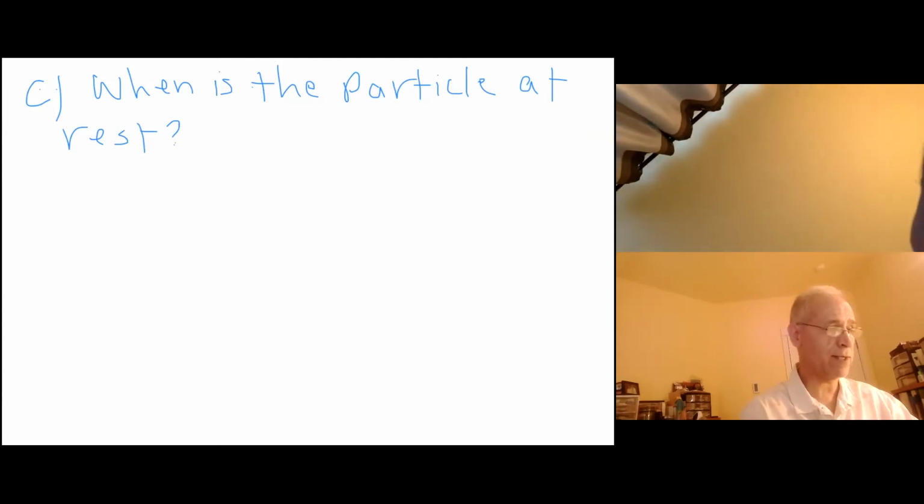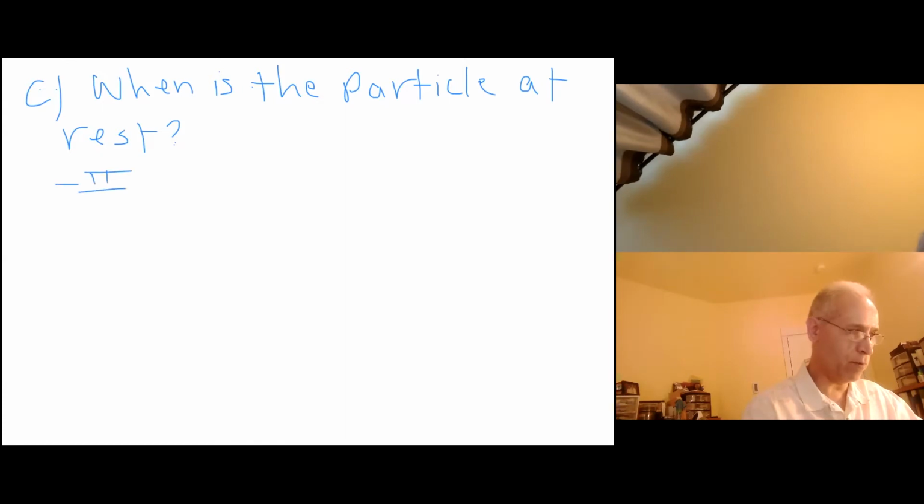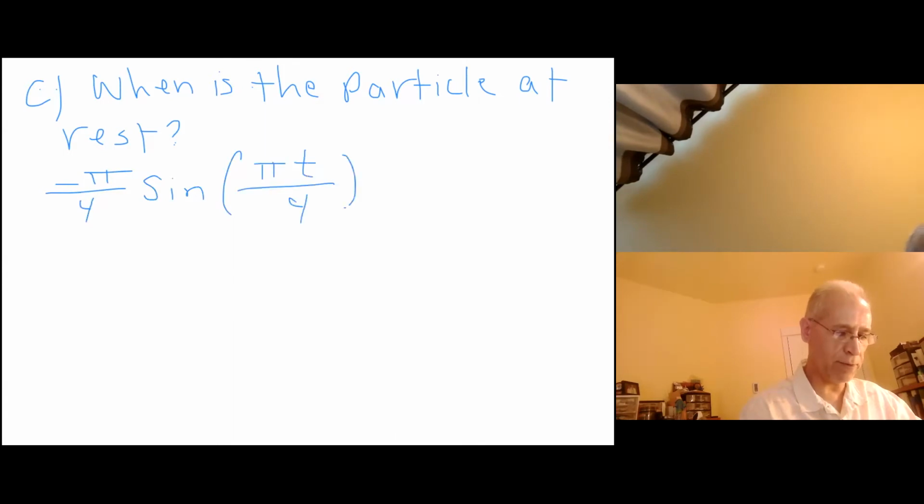So I'm going to go ahead and set that equal to 0, and now we are going to be using some trick. So minus pi over 4 sine of pi t over 4 equals 0. If I divide both sides of this equation by negative pi over 4, it follows that sine of pi t over 4 equals 0.